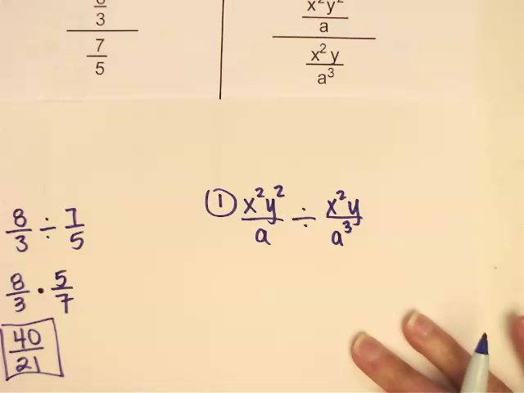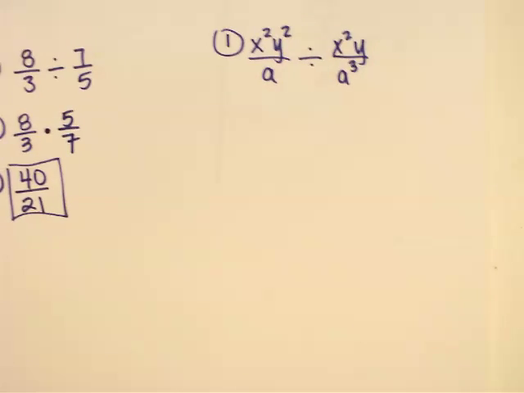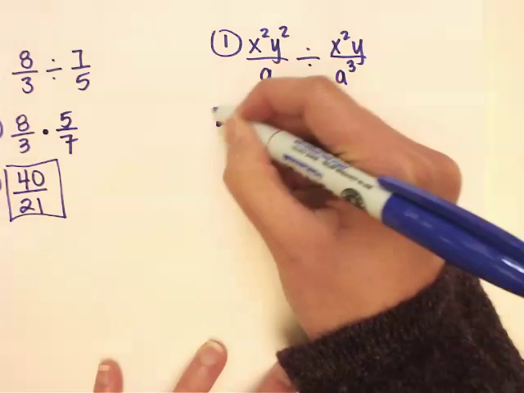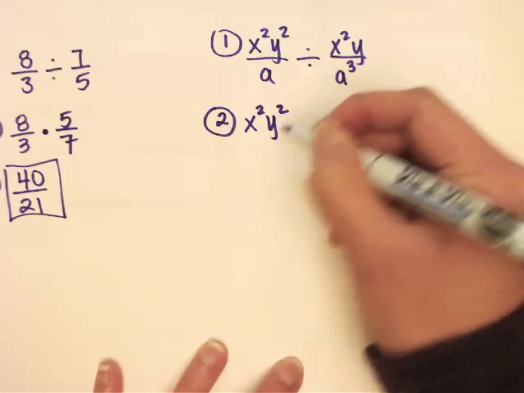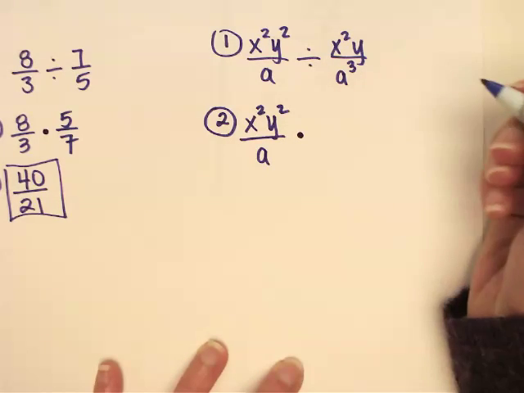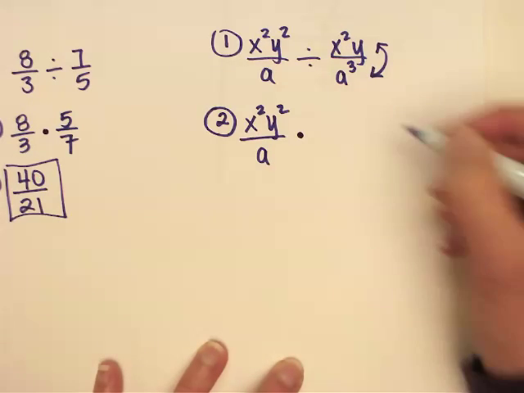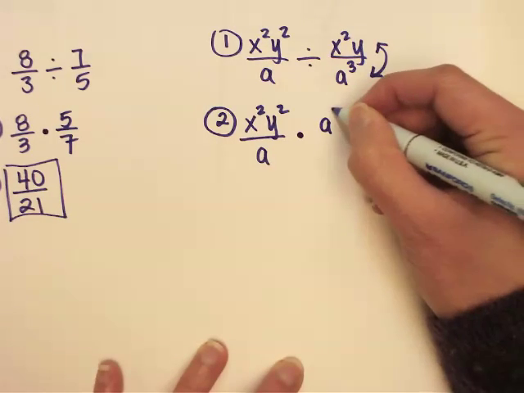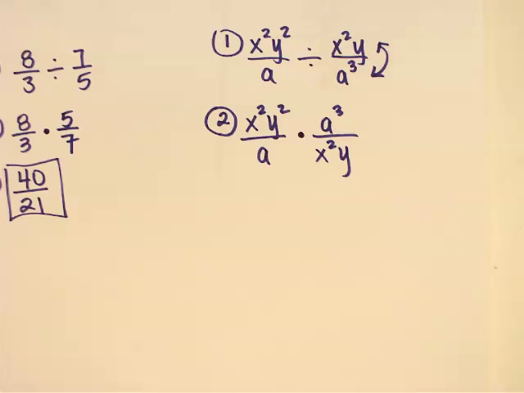Once we have that, we rewrite it as a multiplication by the reciprocal. That's step 2. So that becomes x squared y squared over a, and now it's a multiplication problem by the reciprocal. So we flip the numerator and denominator.